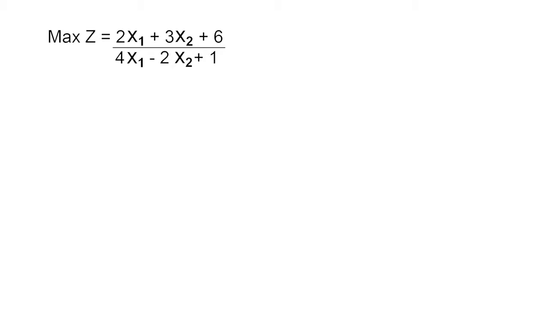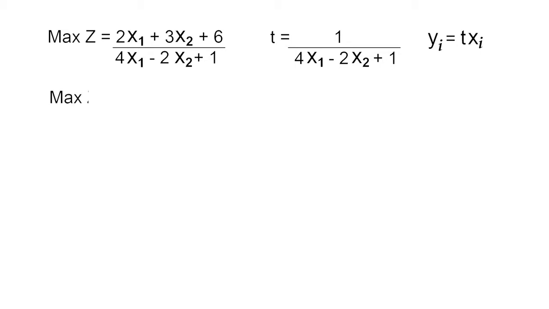Given the transformation, we note that the new variable t is equal to 1 over 4x1 minus 2x2 plus 1, and we say that y sub i is equal to t times x sub i. Given this transformation, we can rewrite our new objective function as max z is equal to 2y1 plus 3y2 plus 6t.